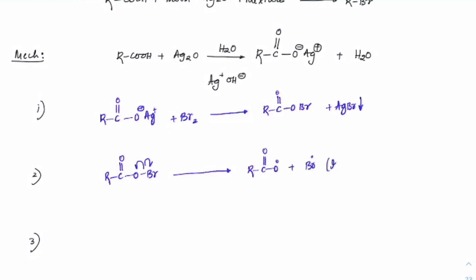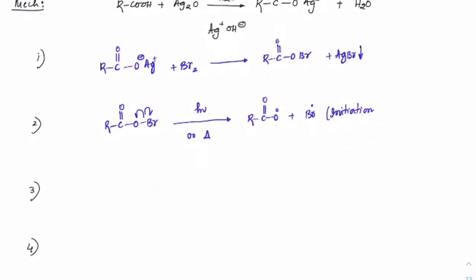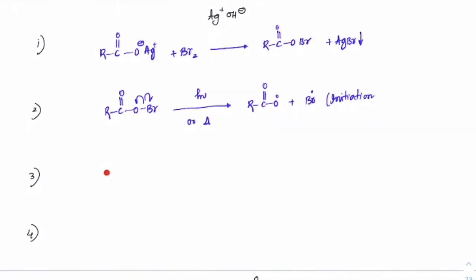This is how the initiation happens. Either we use light or heat, it will give Br dot. Now this RC double bond O, O dot, we have seen earlier that it would be unstable and give an alkyl radical and CO2.